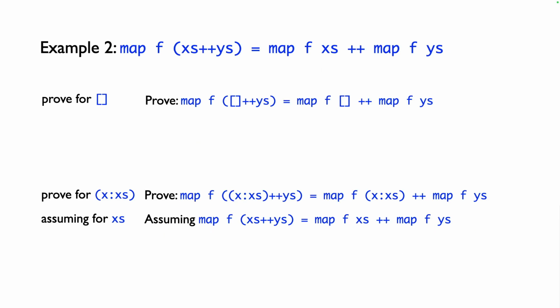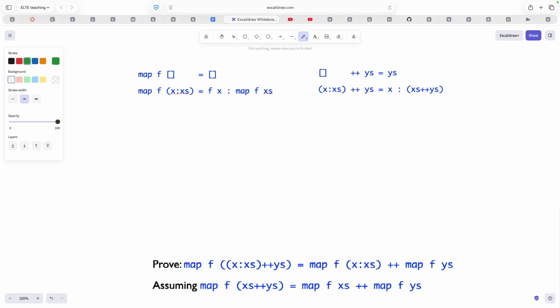Let's get back to the second goal. Our second goal is to prove the property for x colon x's, assuming the property already holds for x's. So let's move back and write that proof now. Let's take a look at what we have on the left-hand side here. We have map f applied to x colon x's plus y's.